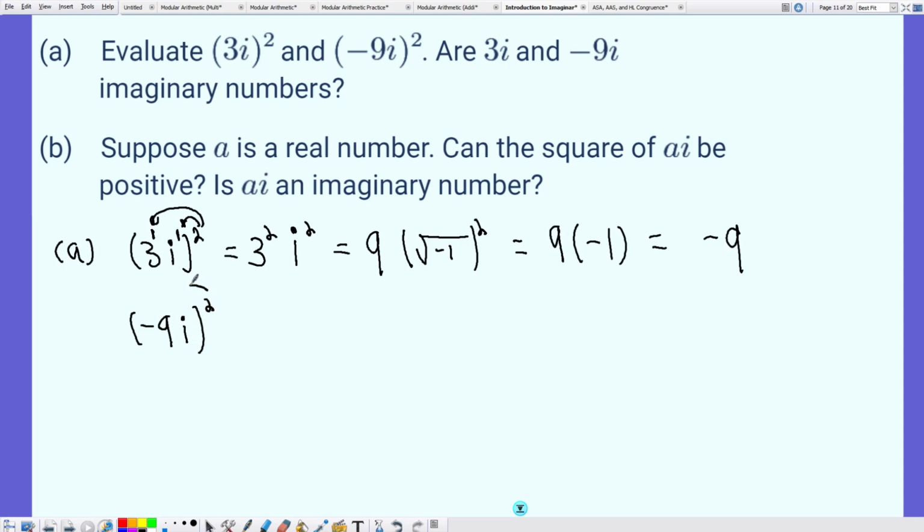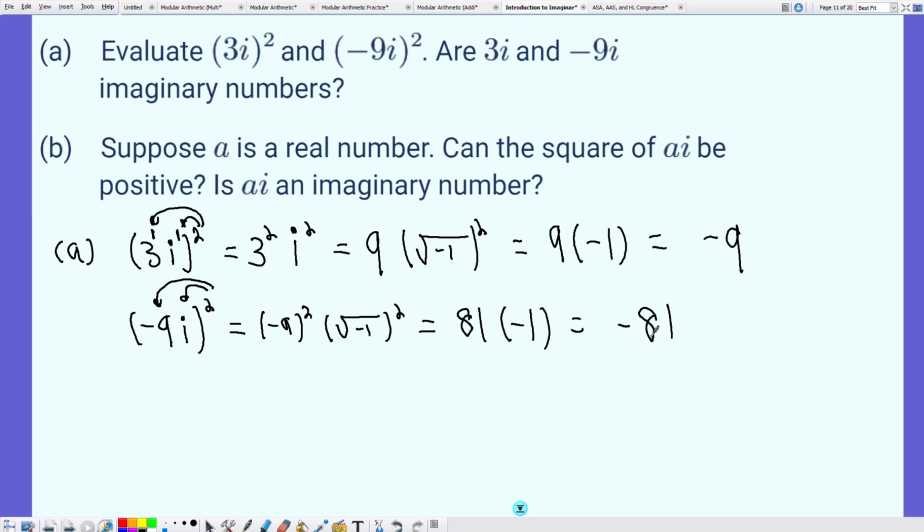Again, we're going to distribute the exponent. So this becomes negative 9 squared times i, which we know is the square root of negative 1, squared. Negative 9 squared is a positive 81. And the square root of negative 1 squared is negative 1. Which means that this whole thing is equal to negative 81.